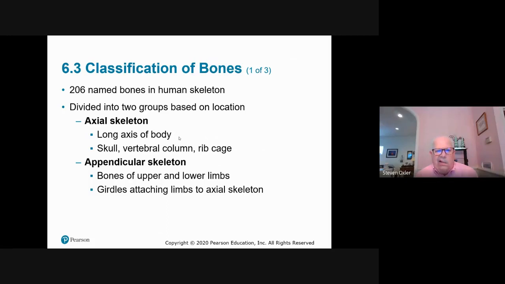The axial skeleton is the long axis of the body, and that basically is all the bones of your skull, all the bones of your vertebral column, and all the bones of your rib cage. The appendicular skeleton are the bones of your upper and lower limbs and the girdles that attach these limbs to the axial skeleton, like the hip and the shoulder.